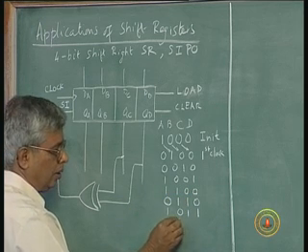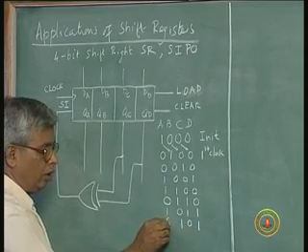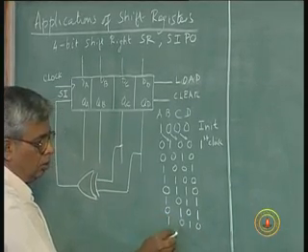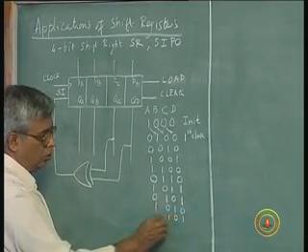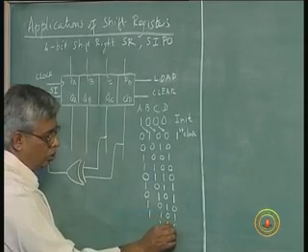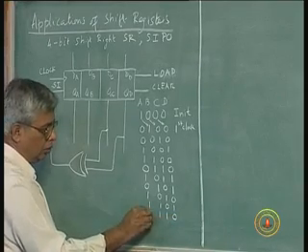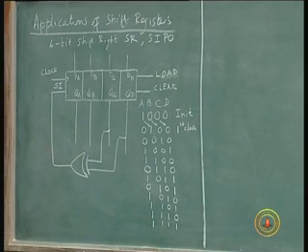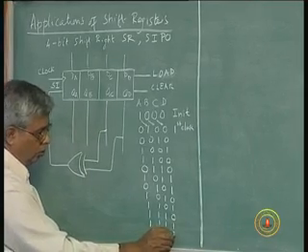Now after this, this will be 1, 0, 1, 0, 0, 1, 0, 1, 1, 0, 1, 1, 1, 1, 0, 1, 1, 1, 1, 1, 1, 0.